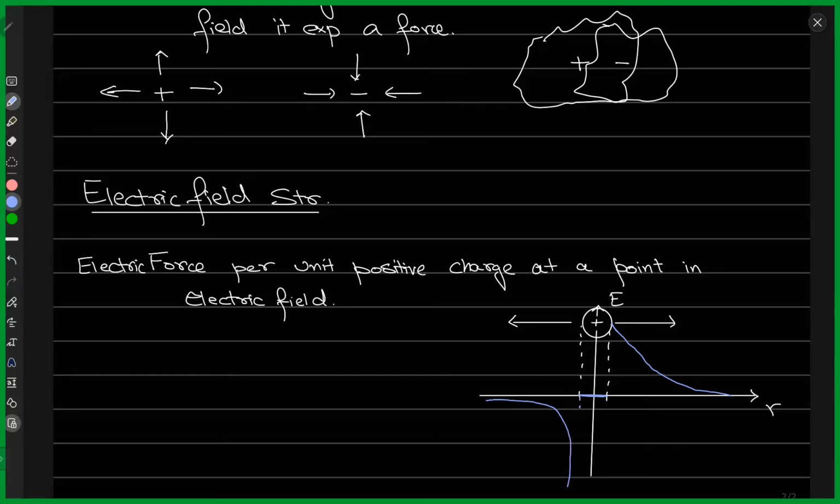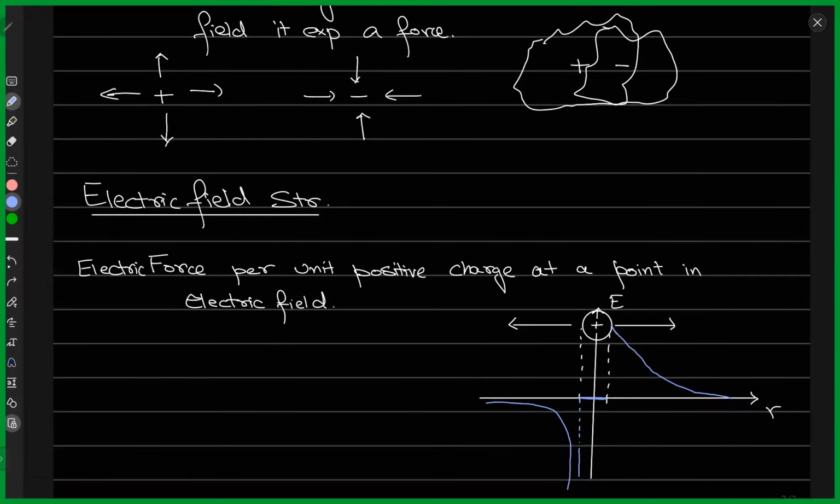So it's zero at the... let me fix this. It's very hard for me to draw these lines. So it's going to be zero inside the charge, but it's going to be maximum as soon as you reach the surface of the charge, and then it will start decreasing from there.